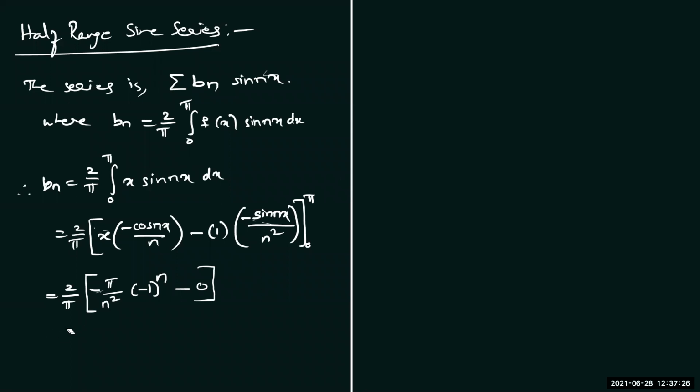So therefore, we'll get simply bn equal to minus 2 by pi into pi by n square multiplied by minus 1 to the power of n. So pi can be cancelled. Therefore, after cancelling pi, we'll get bn as minus 2 by n square into minus 1 to the power of n.